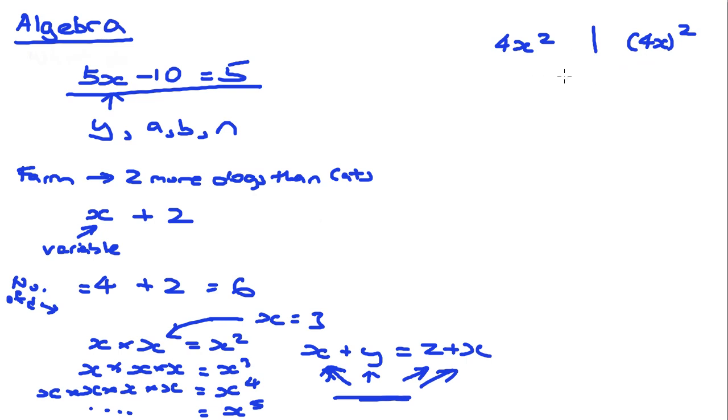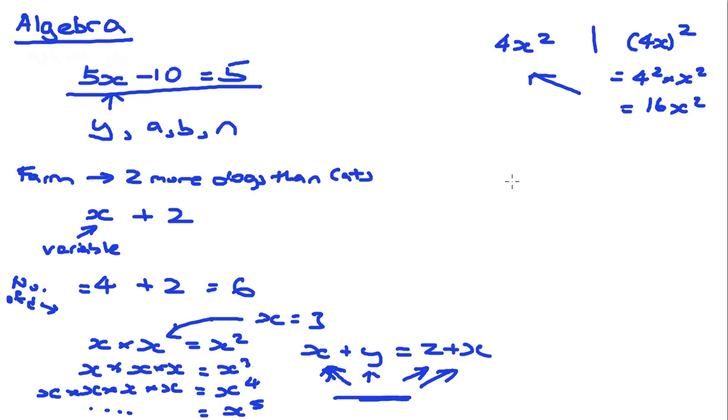The answer is actually no, because 4x in brackets squared, because of the brackets, is actually 4 squared times x squared, which gives you 16x squared, whereas the other is just 4x squared. So you can see that the bracket makes a difference in what this expression actually means.